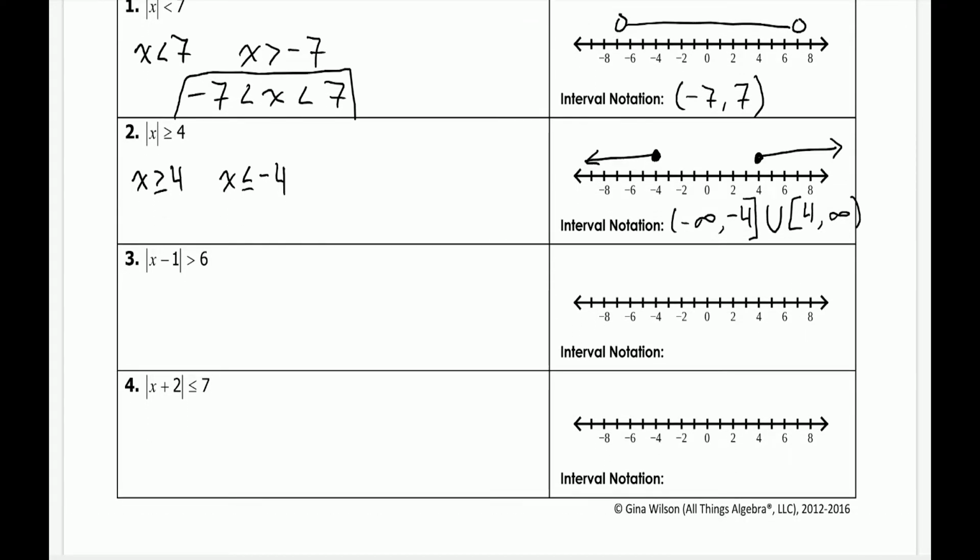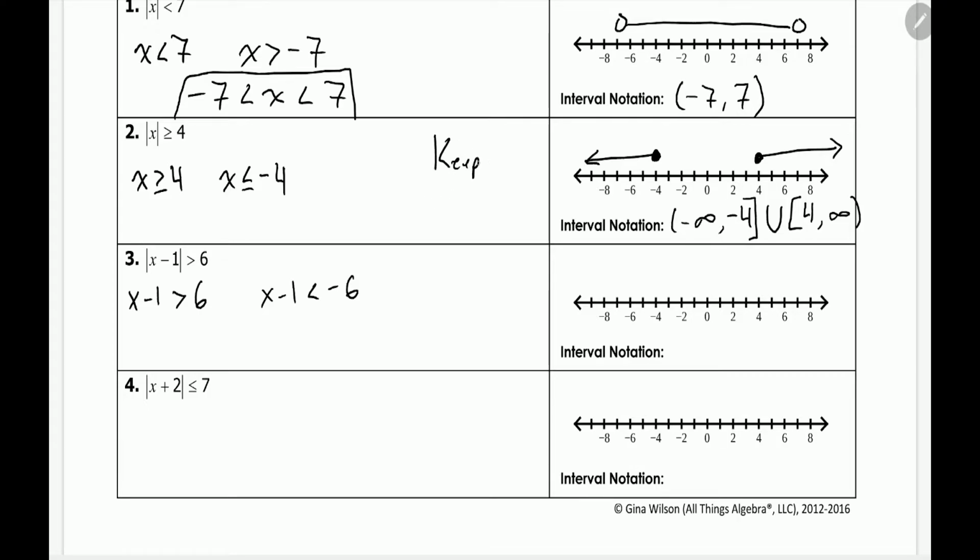Let's take a look at number 3. We have the absolute value of x minus 1 is greater than 6. So again, since this is already isolated, we just break it apart into two different things. So we have x minus 1 is greater than 6. Then we have x minus 1 is less than negative 6. So remember the KISS method, I guess.